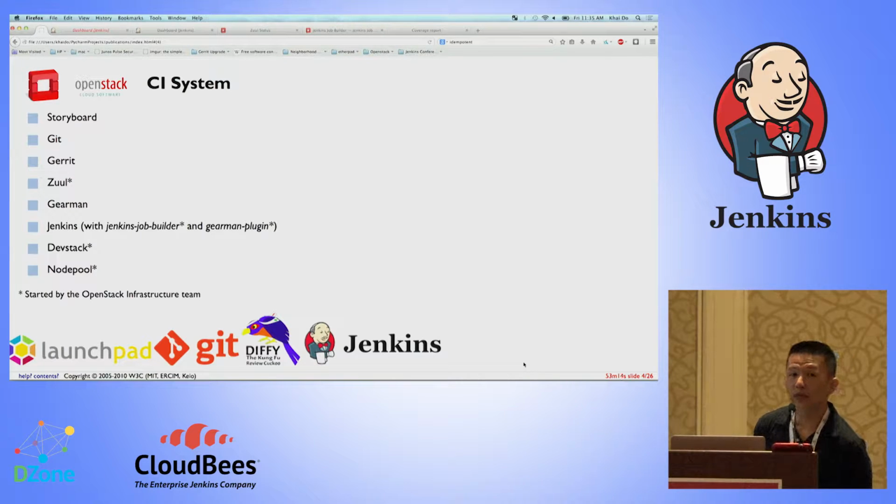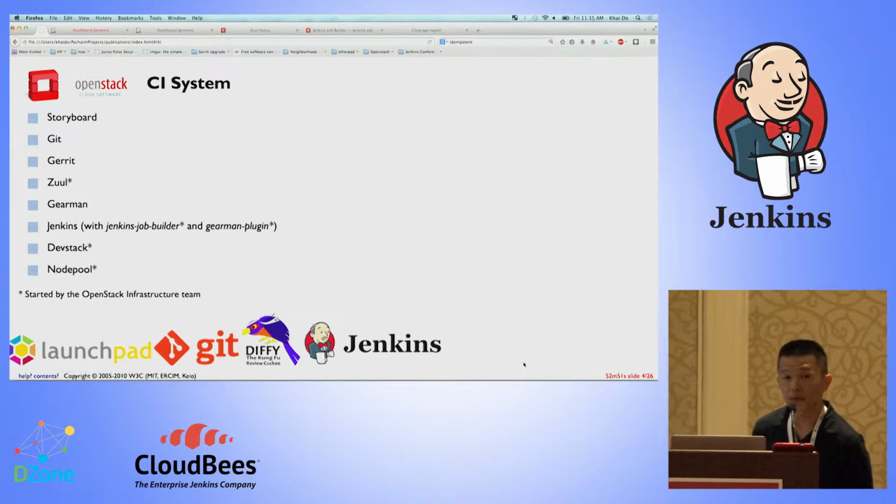Just to give you an idea, I'll give you some background on the types of tools we use in our CI platform. We use Storyboard for our issue tracking. We use Git as our SCM. We use Gerrit for our code reviews, which is a code review tool.